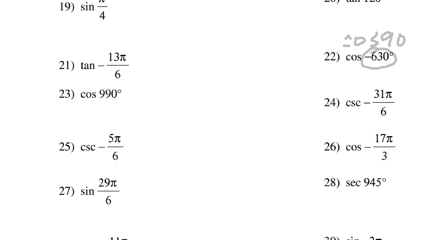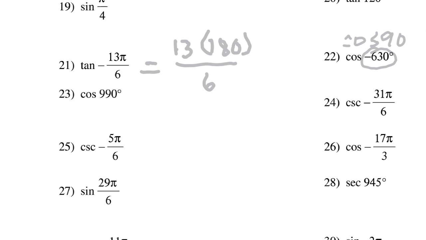Okay, so I'm just going to change this to degrees. So 13 times 180 divided by 6. Okay, so 13 times 180 is how much? Let's see. 13 times 180 is 2,340 divided by 6 is 390.